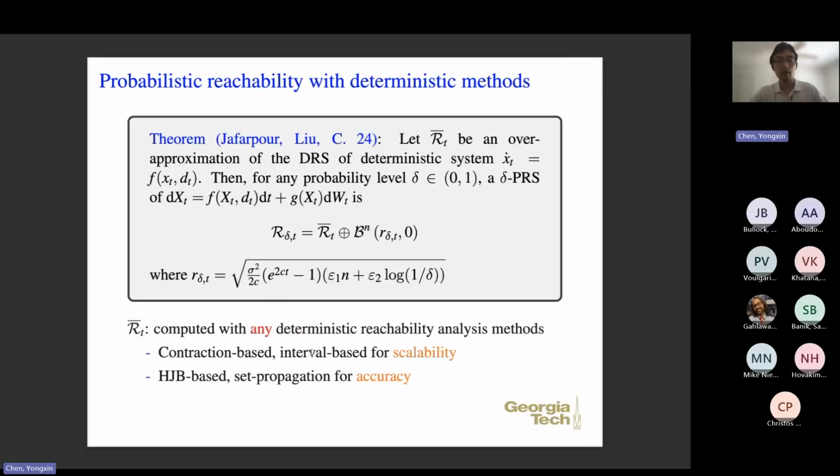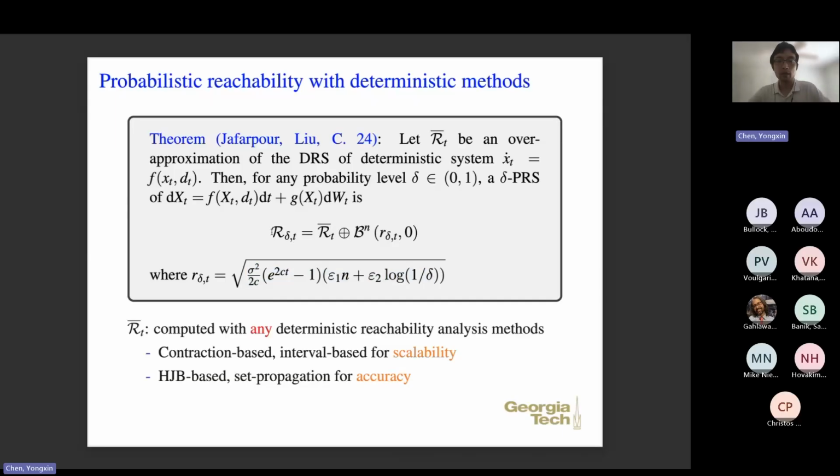With this in mind, we provide a general recipe for reachability analysis for nonlinear stochastic systems. So this is what you do. You have a general nonlinear stochastic system, you take out the deterministic part and you use whatever method you prefer to approximate the reachable set for the deterministic system. Then you take the summation of this set with this ball, with this radius, which you can compute.